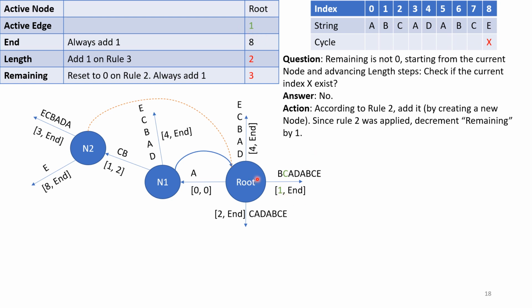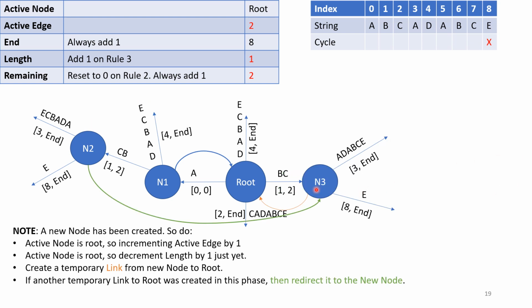We'll advance two steps, 1, 2. So we're in C. Do we have an E? We do not. So we fall again in rule 2, which says add it. So we'll need to cut this place into 2. We'll have BC, then this string, and then just an E. Just like that.